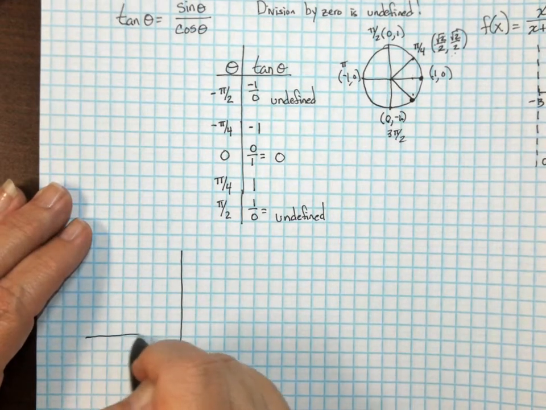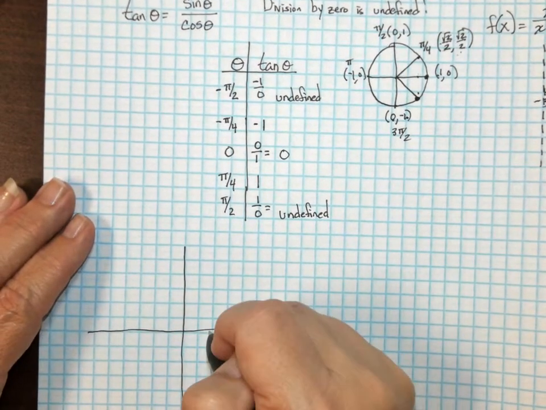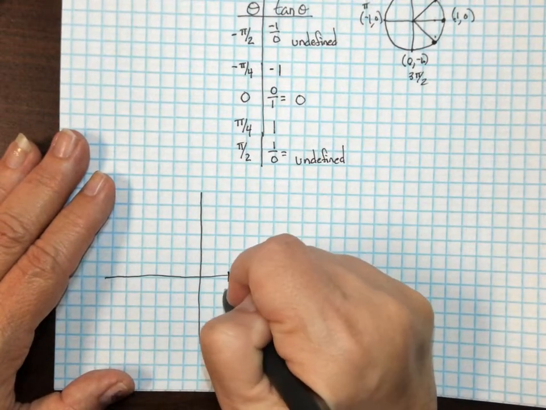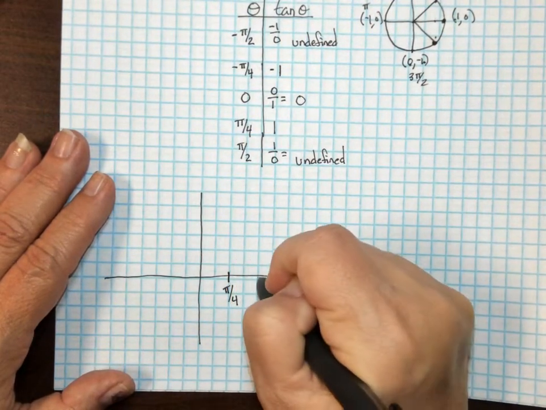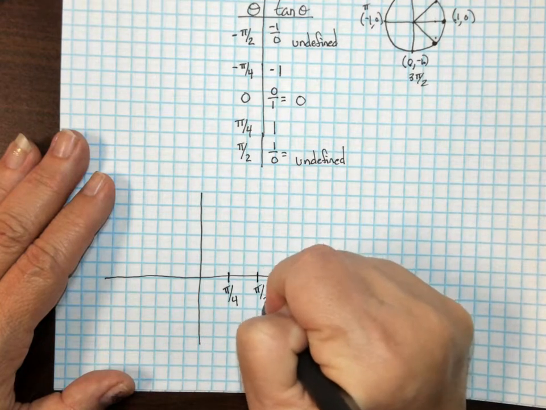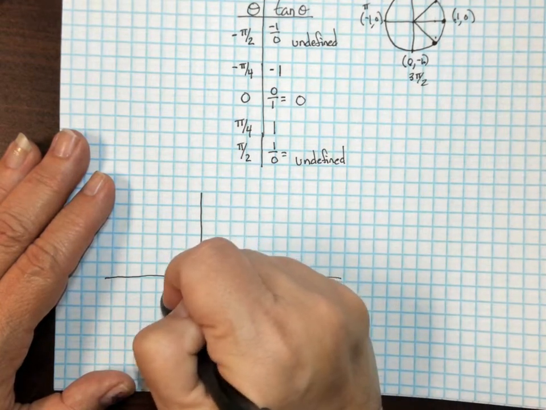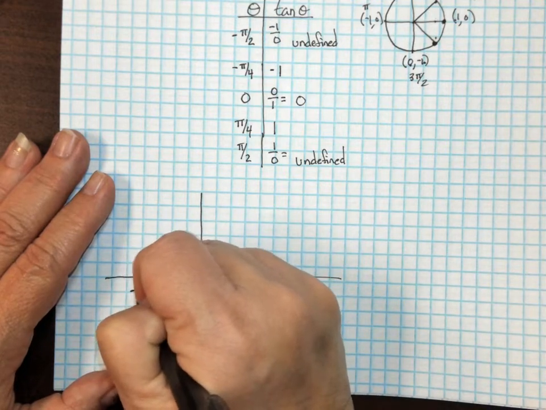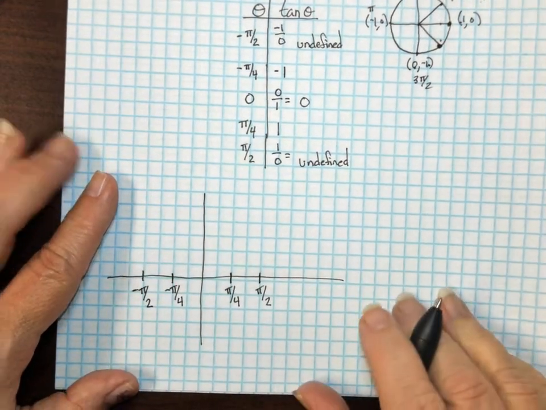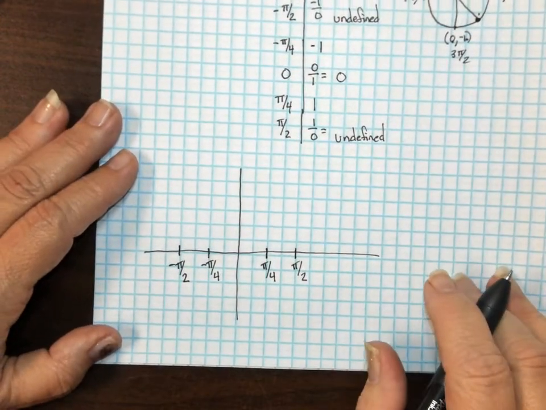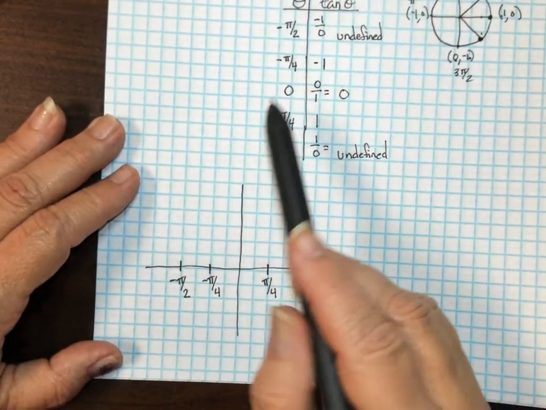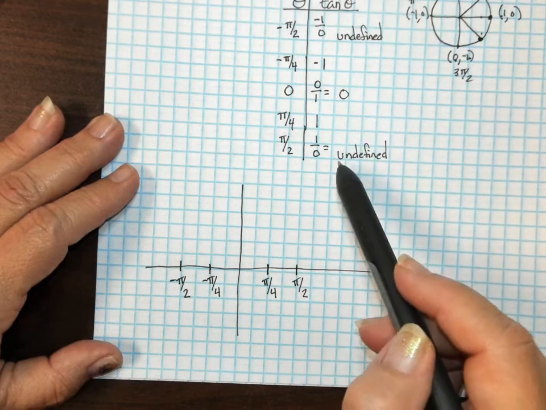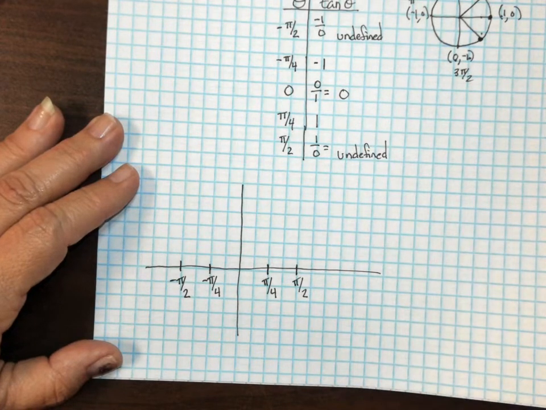Come in here. I don't know why I can't draw a straight line even when I have graph paper. Alright, so I'm going to be at pi over 4, and pi over 2, and negative pi over 4, and negative pi over 2. Alright, so at negative pi over 2 and pi over 2, my function is undefined, so I'm going to have a what?